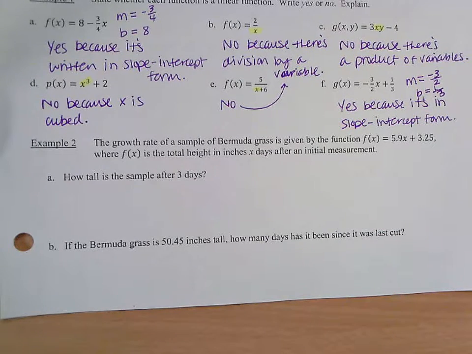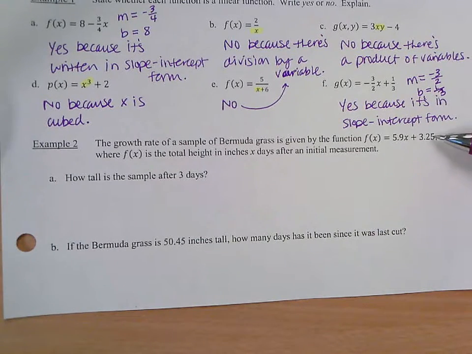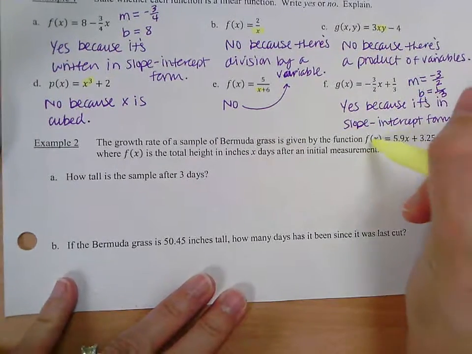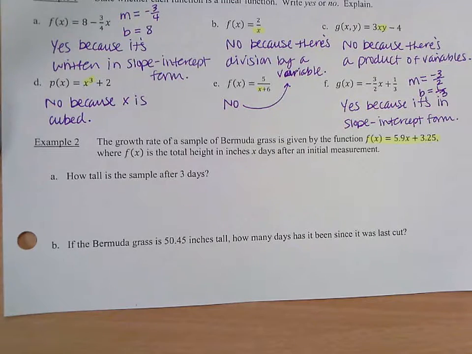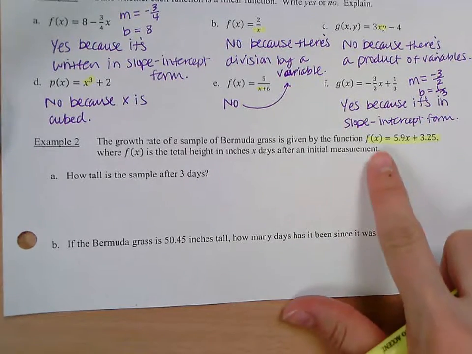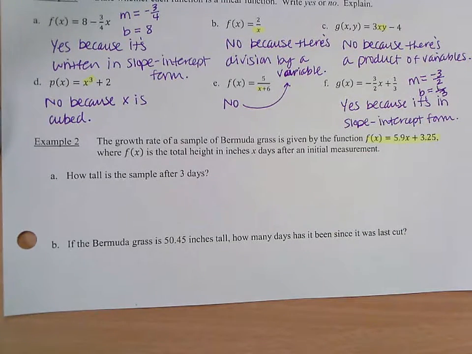Okay, then example 2, this one I'm actually just going to have you work through because we've worked through problems like this and I'd rather you take a look at it before we go through it. So you have the growth rate of a sample of Bermuda grass is given by the function, so you're using this function. And then always pay attention in these problems, it tells you what the variables represent. Remember, f of x is y, it's just like a y value.